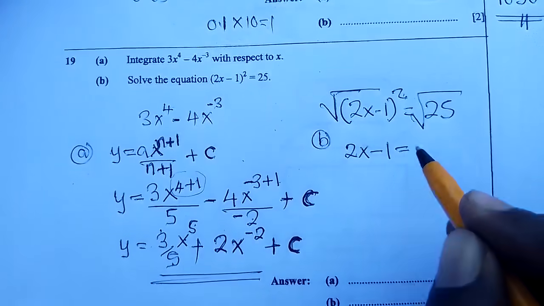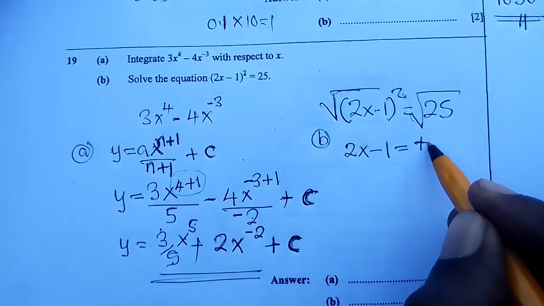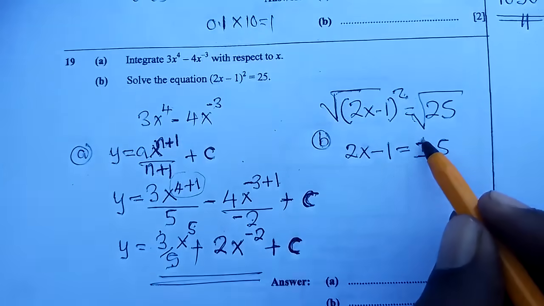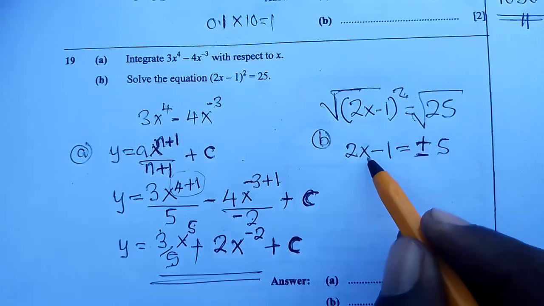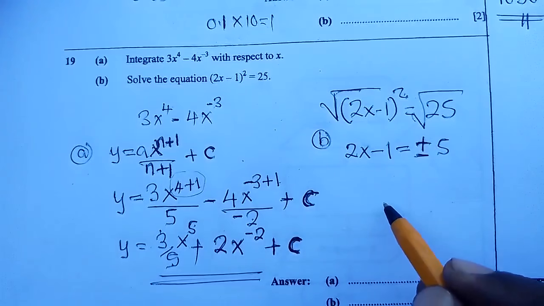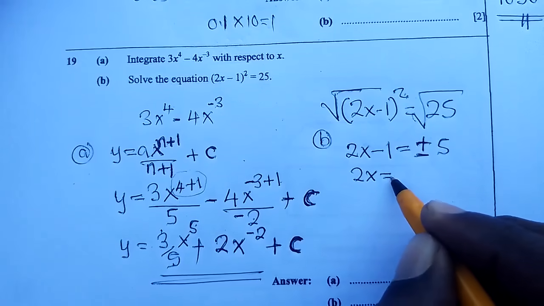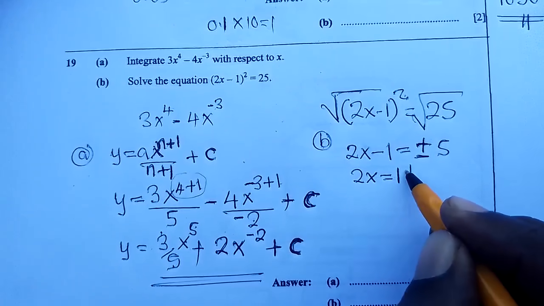I told you that when you introduce the square root, you've got two answers, a positive and a negative. So either you get a negative 5 or positive 5. From here, you group like terms. You say 2x is equal to, when this one goes that side, you're going to have 1, plus or minus 5.